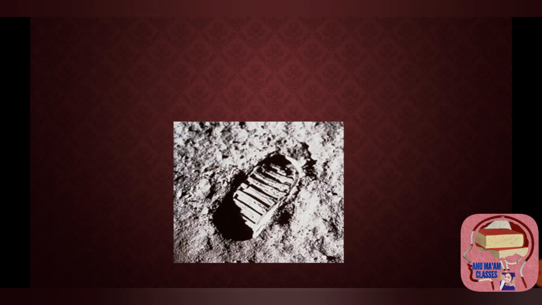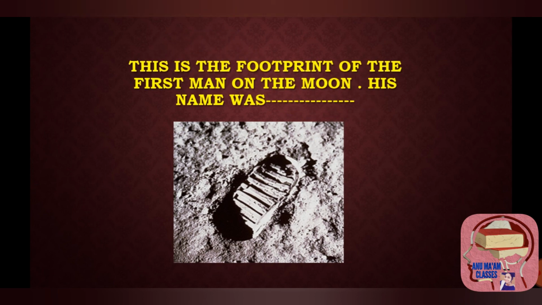Okay, let's see. Now, children, watch this picture. What is it? This is the footprint of the first man on the moon, children. Can you tell me who was the man who first stepped on the moon? His name was?